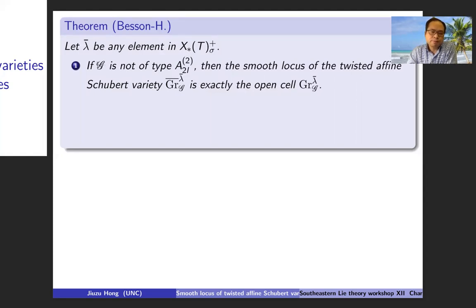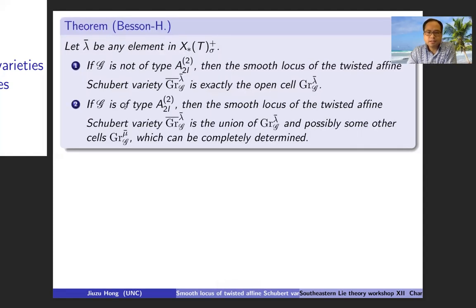So if this parahoric scheme is not of type twisted A_{2l}, then the smooth locus of the twisted affine Schubert variety is the big cell. Is that similar to the theorem of Evens-Mirkovic?